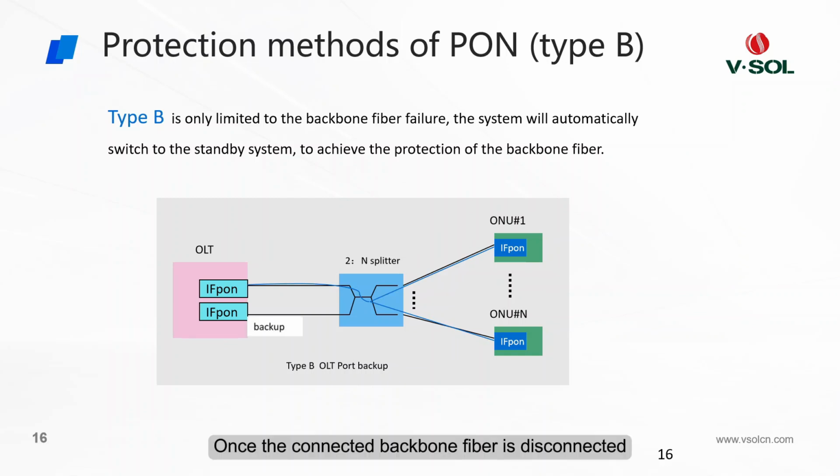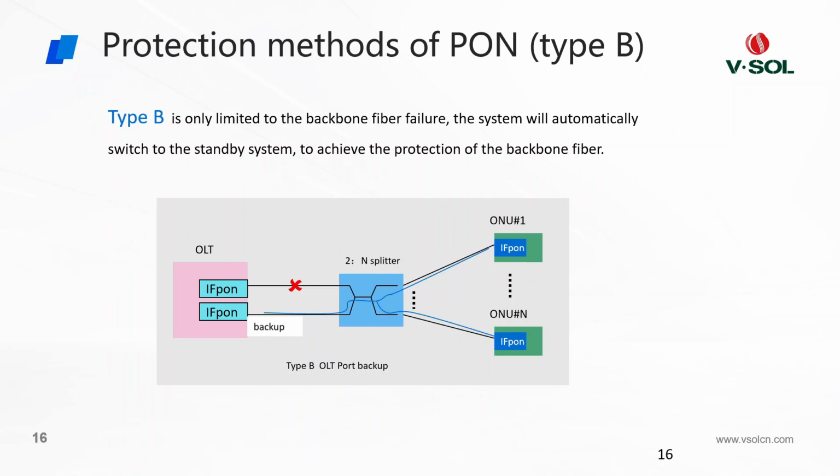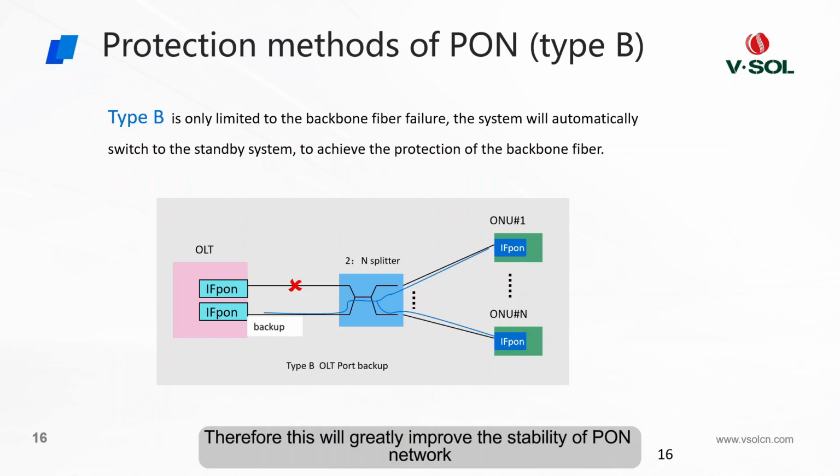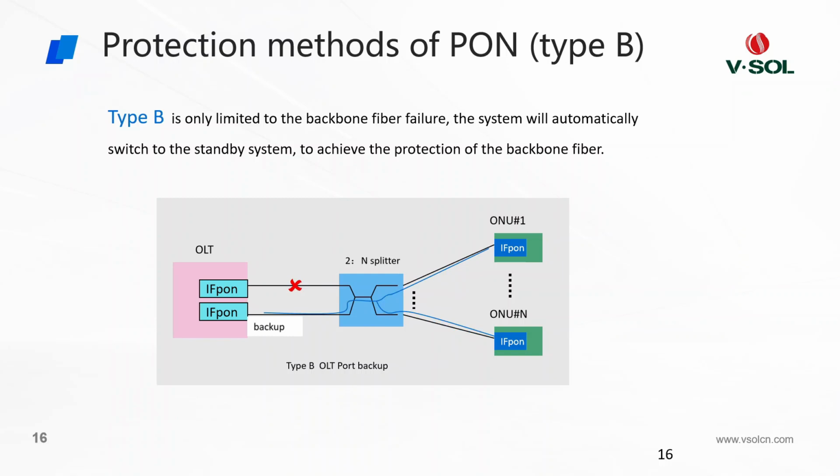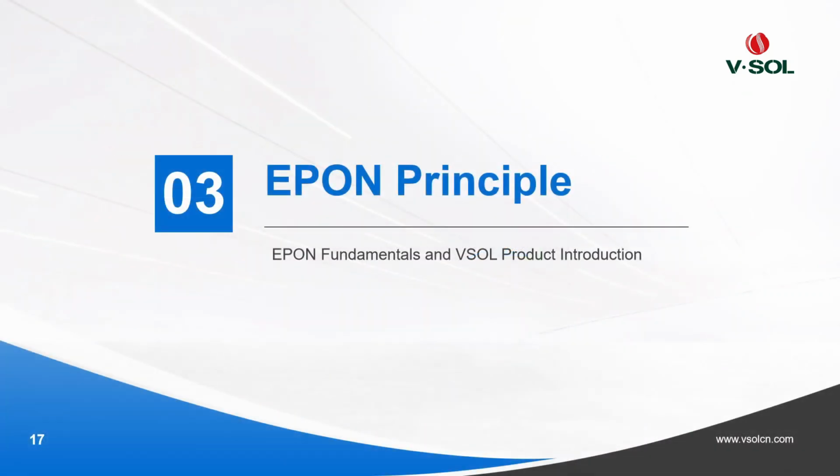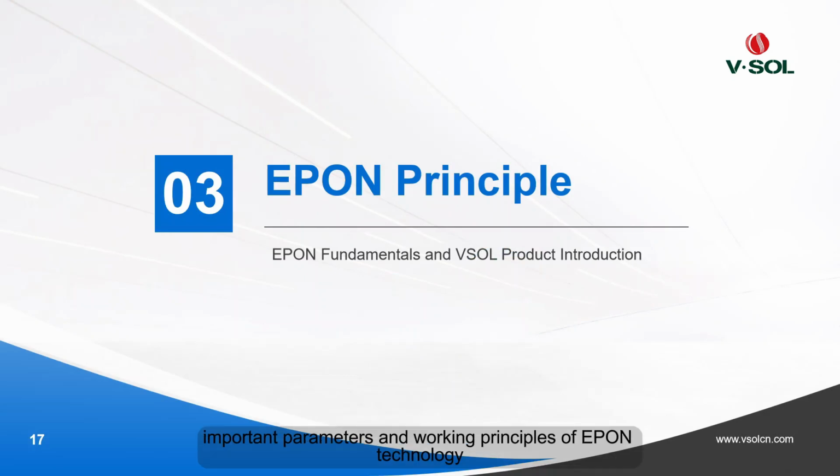Once the connected backbone fiber is disconnected, it will be transferred to another port for operation to ensure that the network is not affected. Therefore, this will greatly improve the stability of PON network.